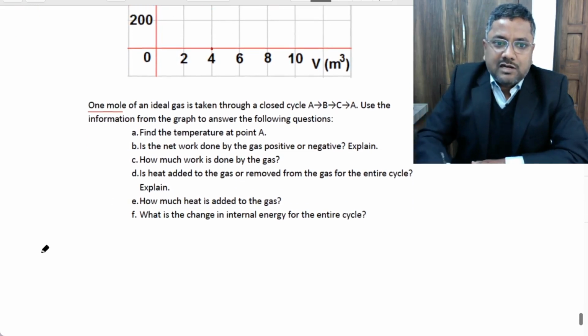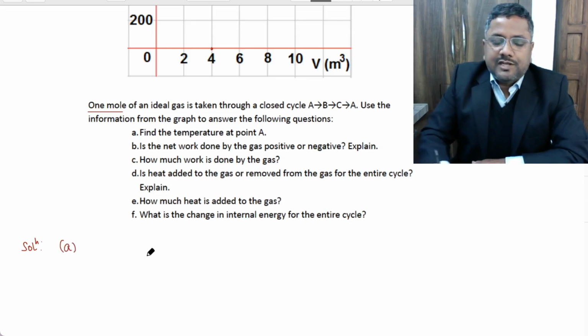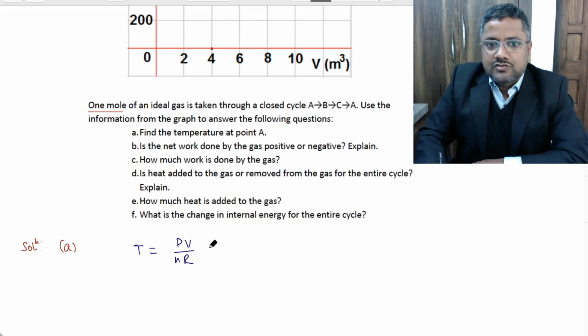So first part, A: temperature T is equal to PV by nR, right? So pressure is 400 Newton per meter square.